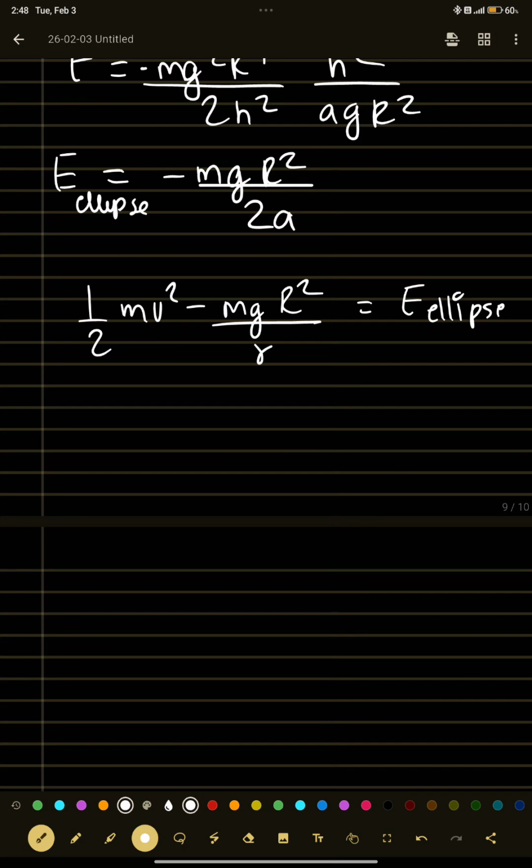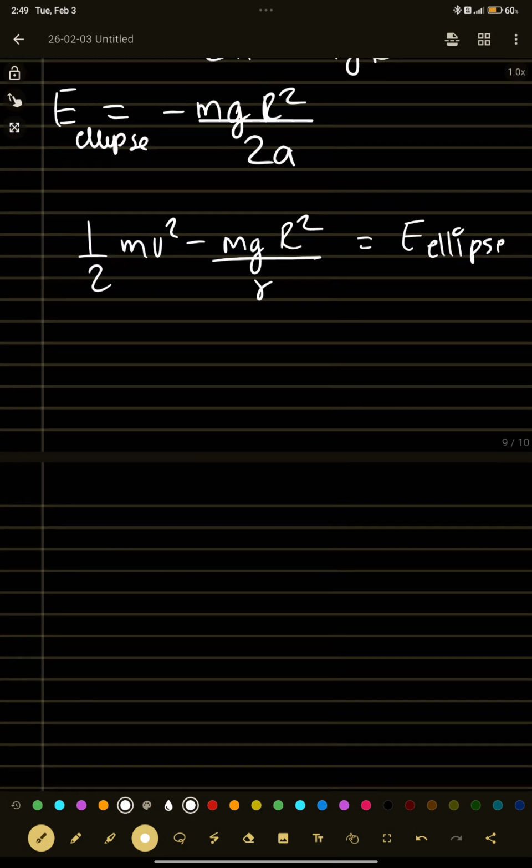You can take one step further and write expression of v. Ellipse में velocity of the space vehicle, unlike circular orbit में क्या था, हर जगह वो root gm by r naught था.